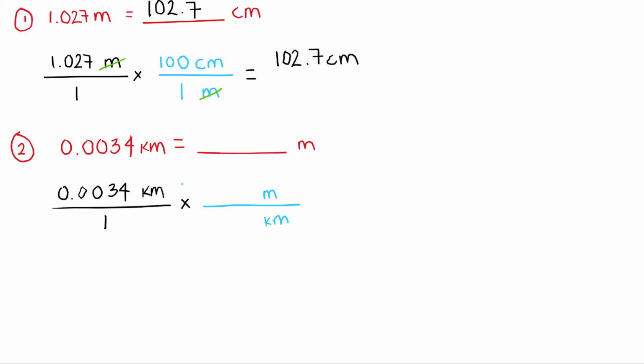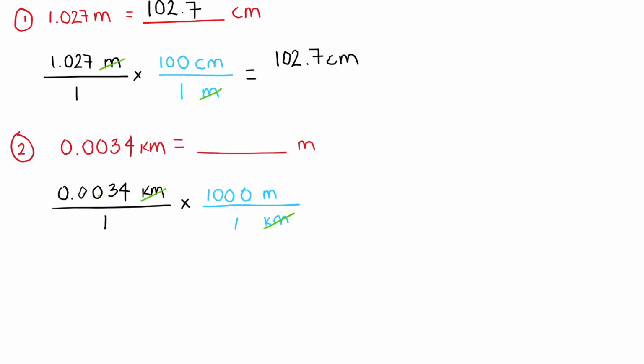So then I write and I say, okay, I know that 1 kilometer is equal to 1,000 meters. Then I go and cancel the kilometers, and I times this one by 1,000.